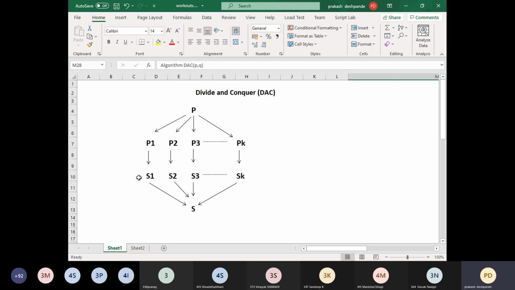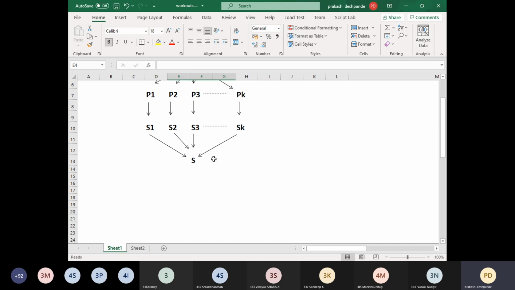All these solutions are the sub solutions. Once we have the sub solutions, the third step is to combine all these sub solutions into a single solution. And this single solution will give the result we were looking for the original problem.